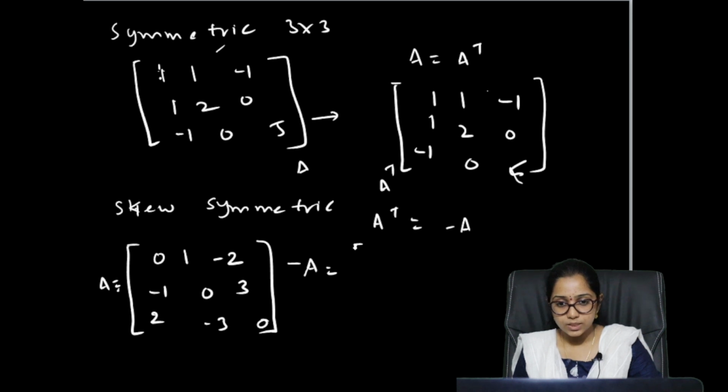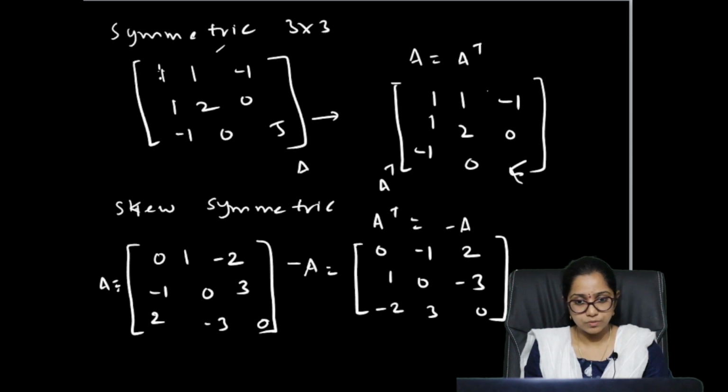What is minus A? Simple. We will be doing it: 0, minus 1, 2, 1, 0, minus 3, minus 2, 3, 0. So what is A transpose?